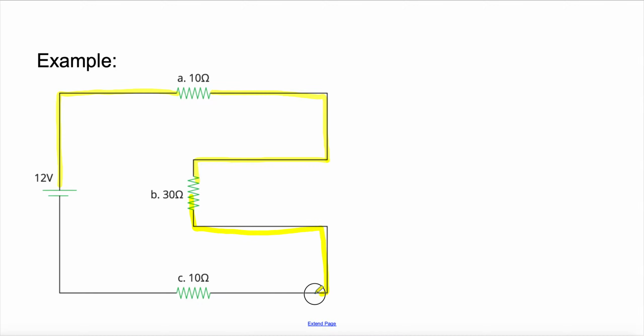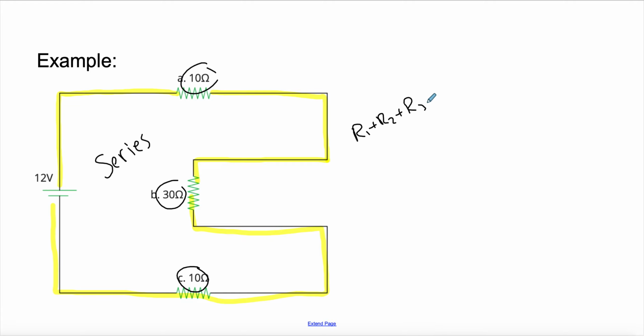Okay, when there's only one path for the electric current to go, that means that this is a series circuit. Okay, I would add all my resistances together just like normal, and that would get me my total resistance.